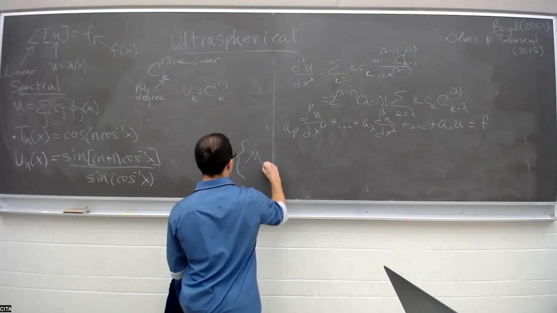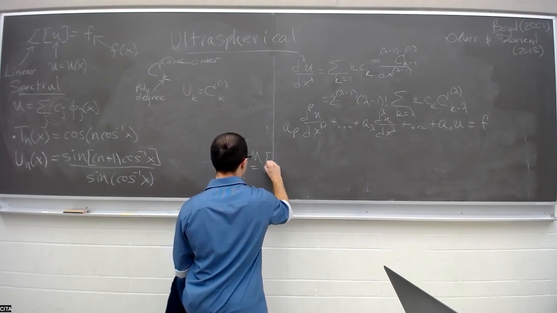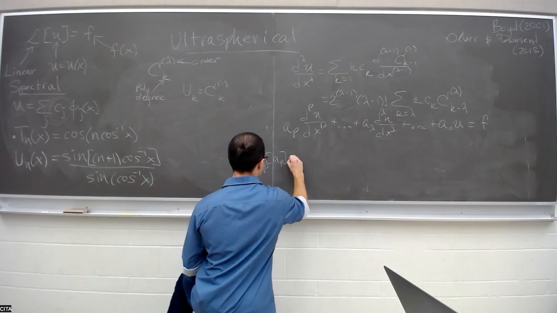So we have a bunch of nearly diagonal matrices.